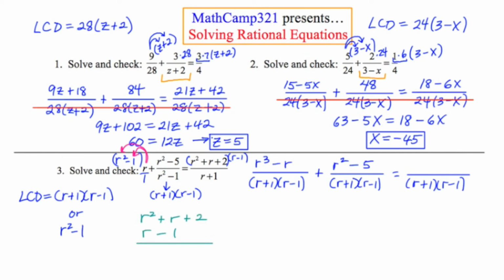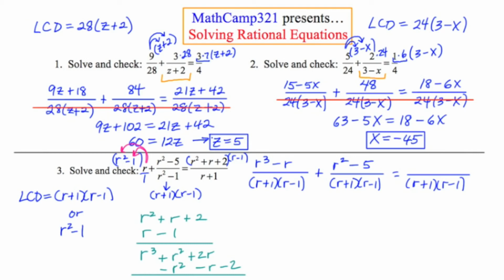So when I multiply these two polynomials together, I start with r cubed plus r squared plus 2r. Then I distribute the negative 1 through and get negative r squared minus r minus 2. Now I'm going to take each column and add downward.